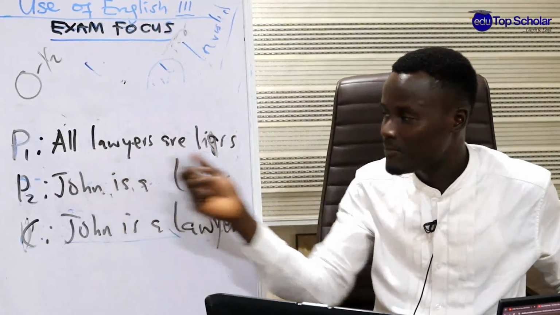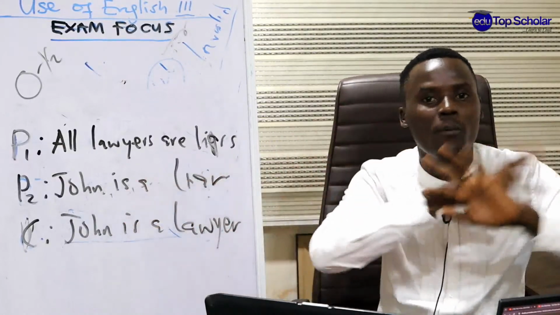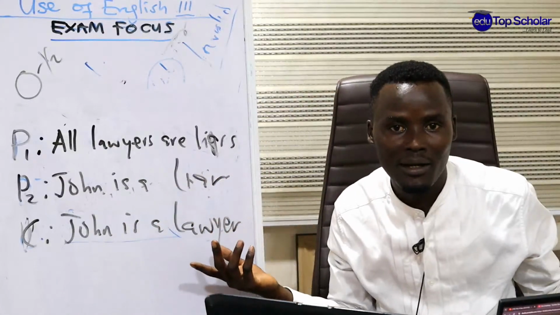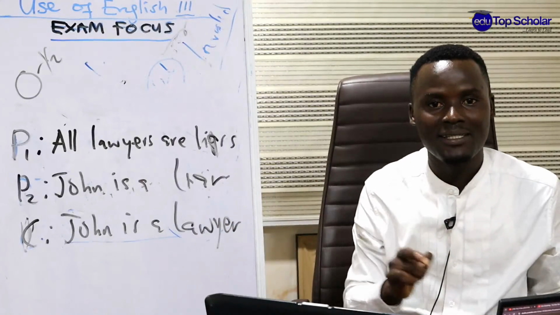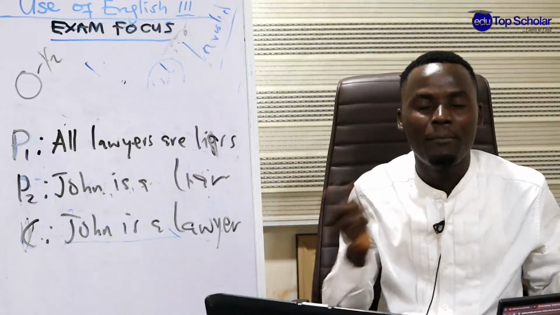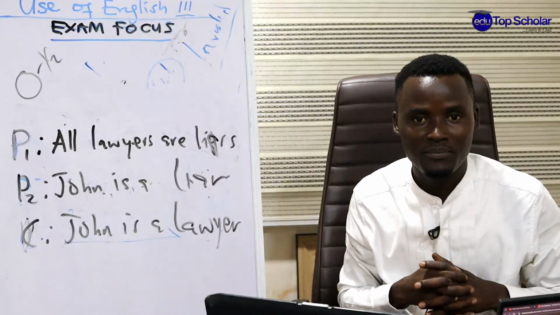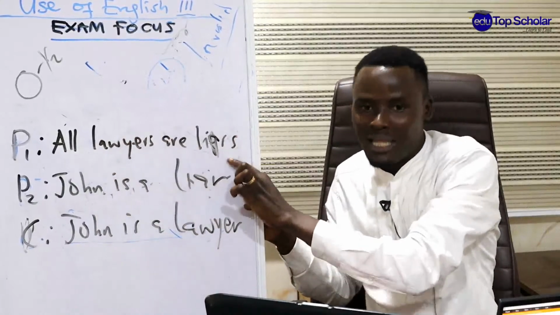All lawyers are liars. They lie. John, somebody from anywhere, is also a liar. All right? And I'm saying John is a lawyer. Why is it invalid? It's invalid because John can be a liar and be a doctor. We have not said that John is a lawyer; lawyers are the ones lying, not John.